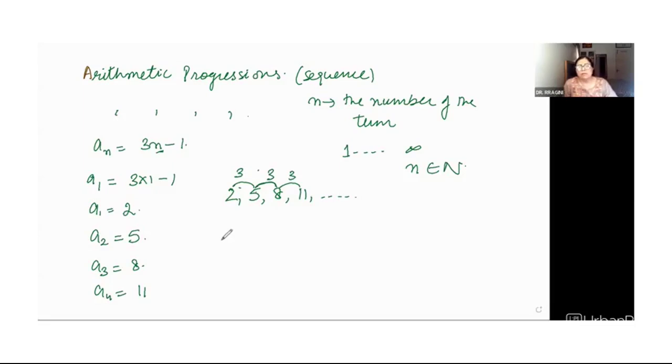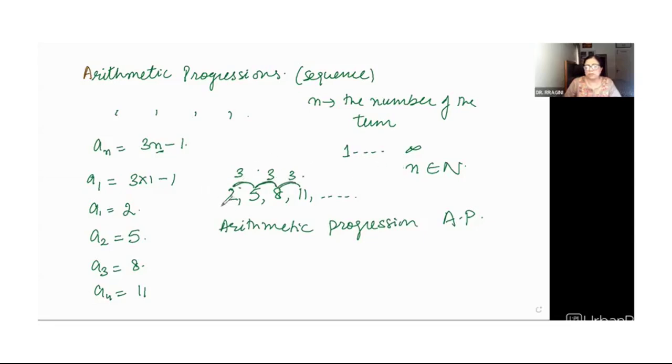So when we have the same common difference between any two consecutive terms throughout the sequence, it is called an arithmetic progression, or AP. That means the difference between two consecutive terms is the same throughout.